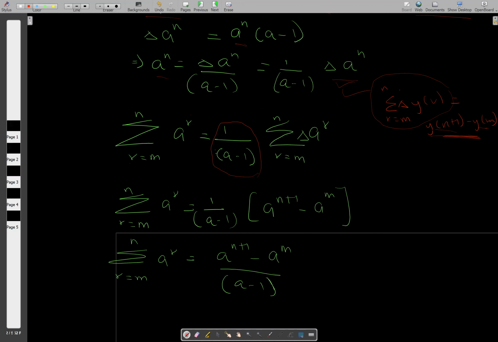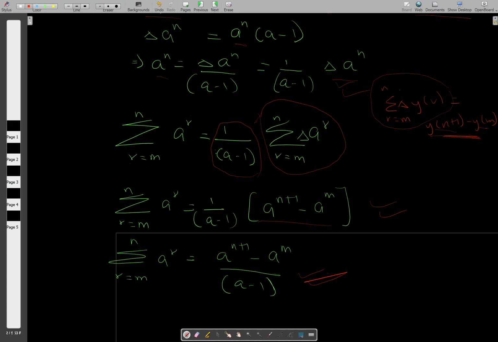So now it means that this term, the summation of the forward difference of a to the r as r starting from m up to n, is given by this. So we obtain this equation, and we can rewrite this.